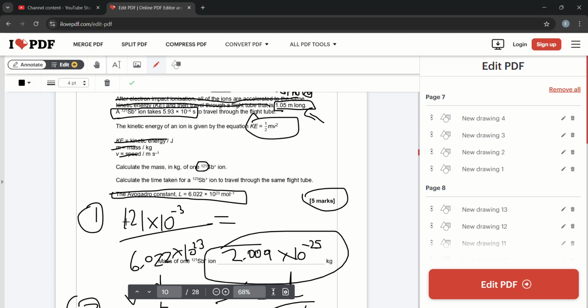We can quite easily find out the velocity. Distance divided by time. So let's just do that.